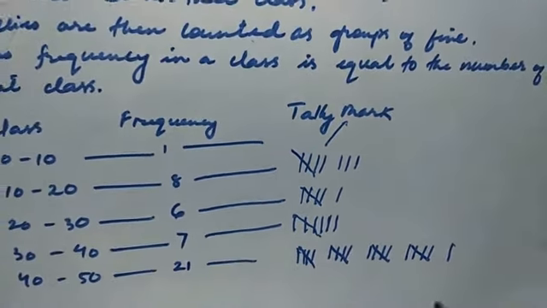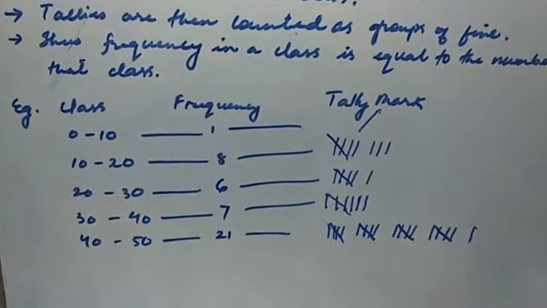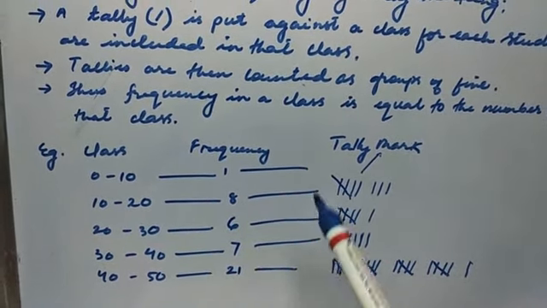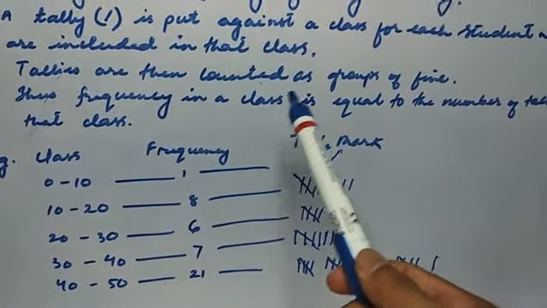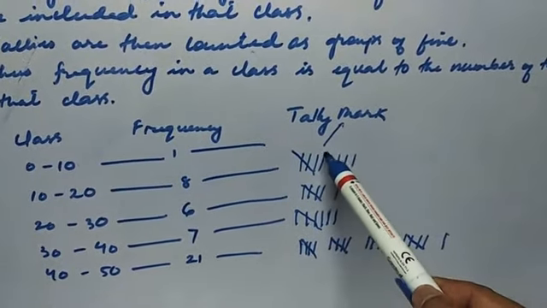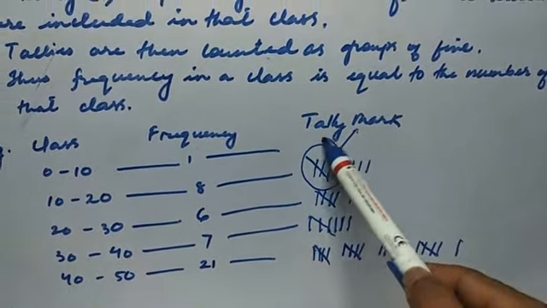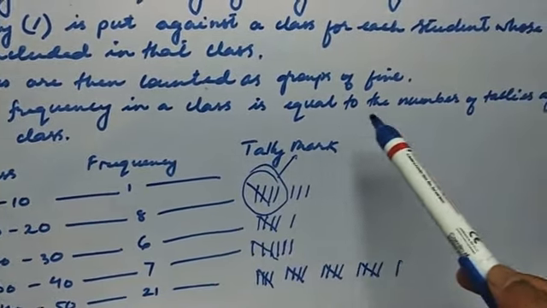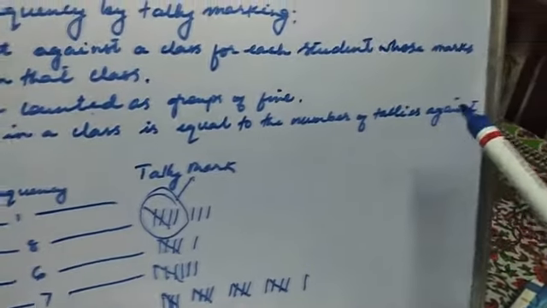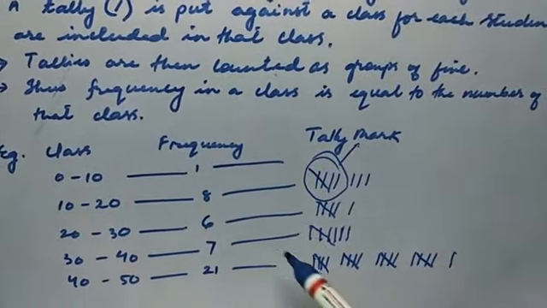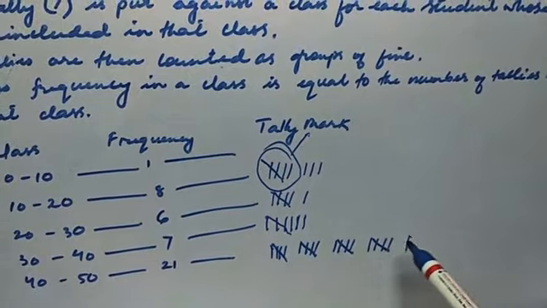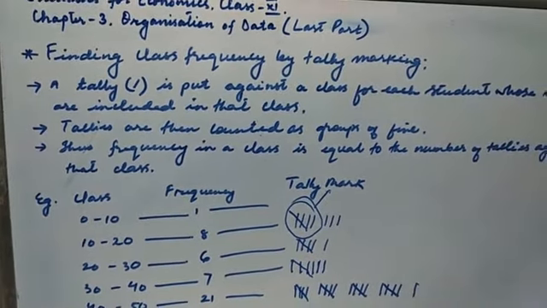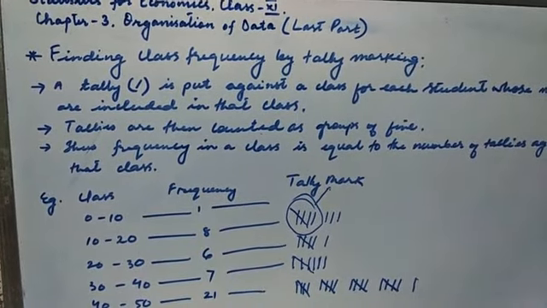That is how we make a tally mark against the classes. By doing this, we can conclude that tallies are counted as groups of 5, so one tally is a group of 5. Thus, frequency in a class is equal to the number of tallies against that class. There are 21 tallies here, so the frequency is also 21. That is how we find the frequency by tally marking.